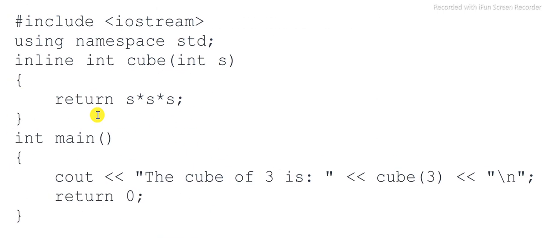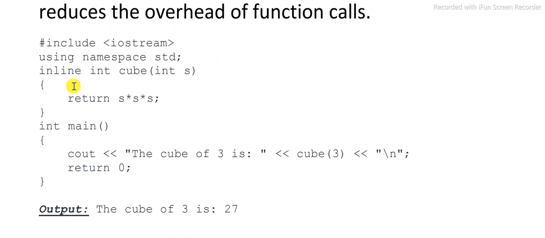An example of an inline function: we have to include a header file and use namespace std. Whenever you write an inline function, you should specify the keyword inline. Now we have data type integer and our function name is q, with a parameter s of integer type.